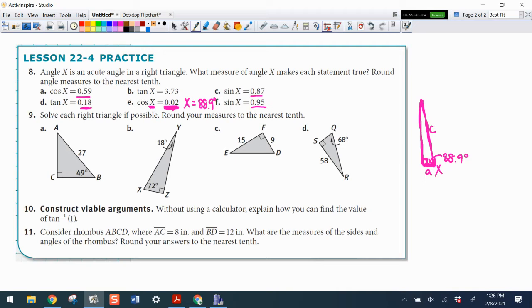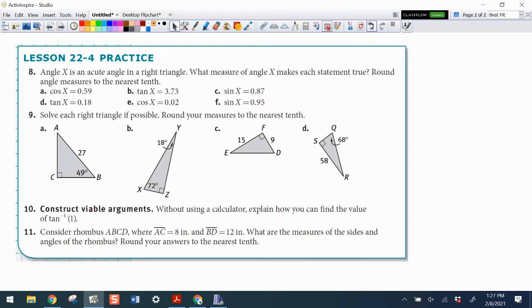And that's what I'm trying to stress here with these ratios. This ratio right here, 0.02, represents the length of the side adjacent to that angle when compared to the length of the hypotenuse. And it would create some triangle that looked kind of crazy like this. So just keep it in context as we move forward.